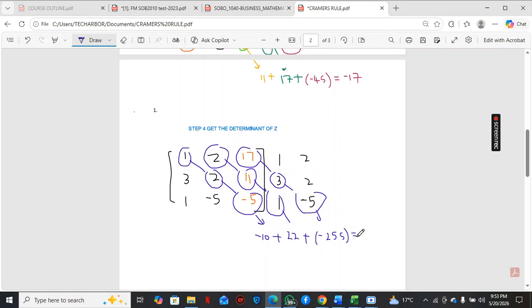Okay. So we're going to say negative 10 plus 22 plus negative 255. We get negative 243.